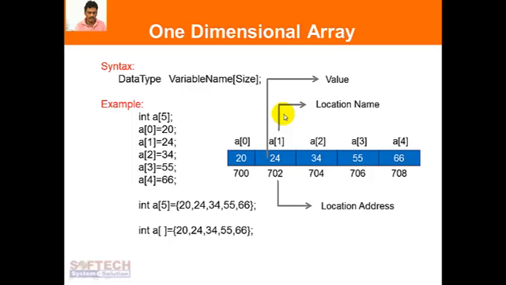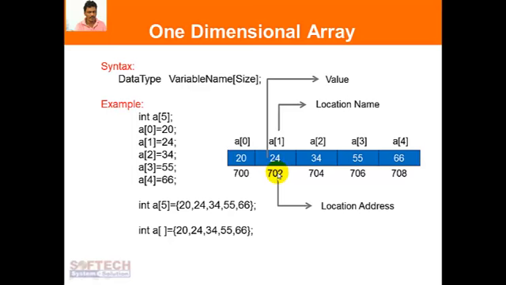We cannot predict the address by the help of one variable address. In an array variable, we can predict the address by the help of one location address. If we know the 700, we can easily find out the next location, plus 2 bytes, 702.